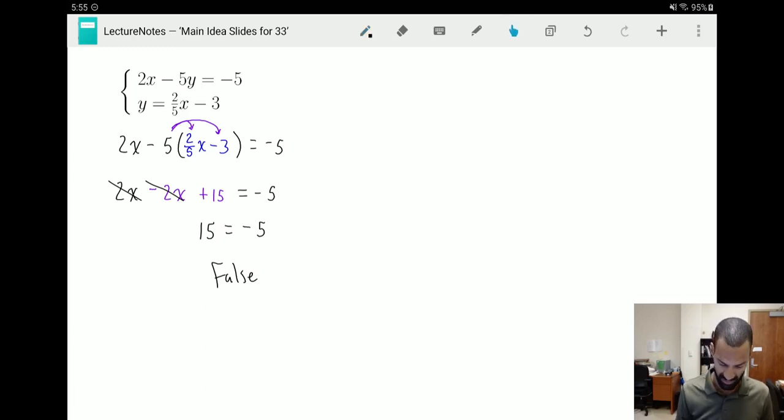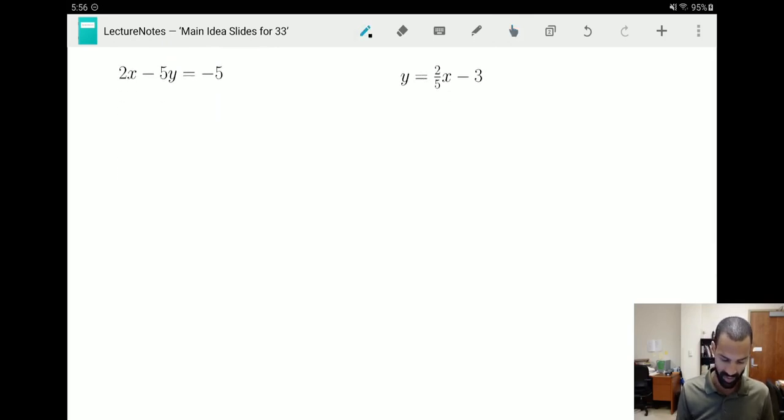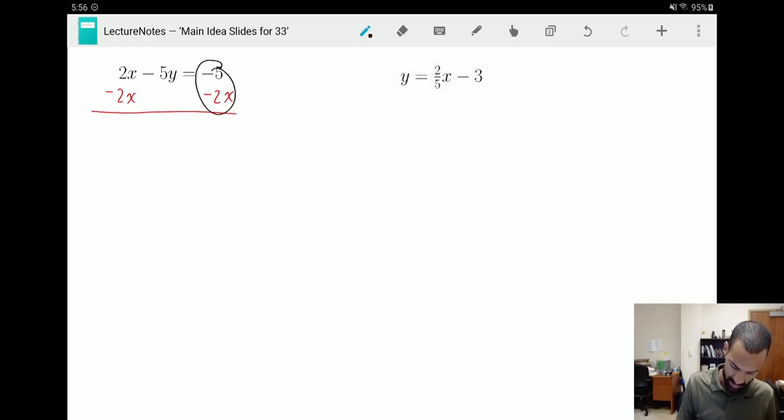Well, let's go ahead and again rearrange these equations, put them in the same form, and see if we could figure something out. Okay, I'm going to put this one in slope-intercept form. I'm going to subtract 2x from both sides. Keep in mind, these are not like terms, right? So I can't put them together. By now, I think you got that.